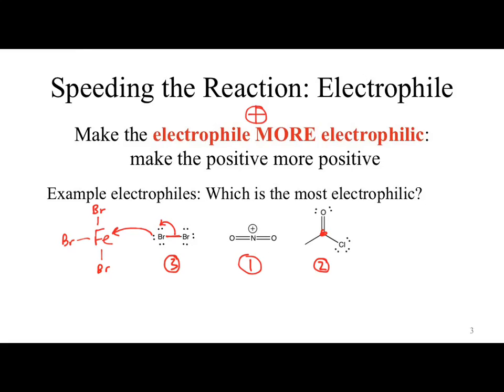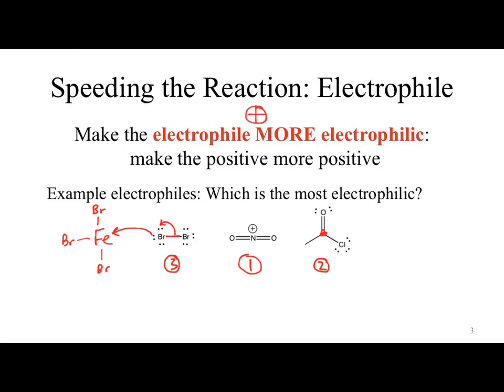Our bromine donated electrons, so it starts to become what charge? Positive. How do we stabilize that positive? It needs more electrons. So we'll take the electrons in that bond and shift them towards the bromine.